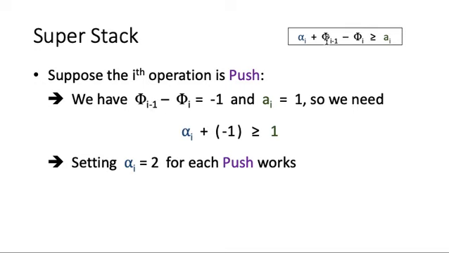And we also know that the actual cost a of i for the push operation is equal to 1. So we will need alpha i plus the change in potential, phi of i minus 1 minus phi of i, which is -1, to be greater than or equal to 1. If we set alpha i to be equal to 2, then each of these push operations works. So it satisfies this inequality.